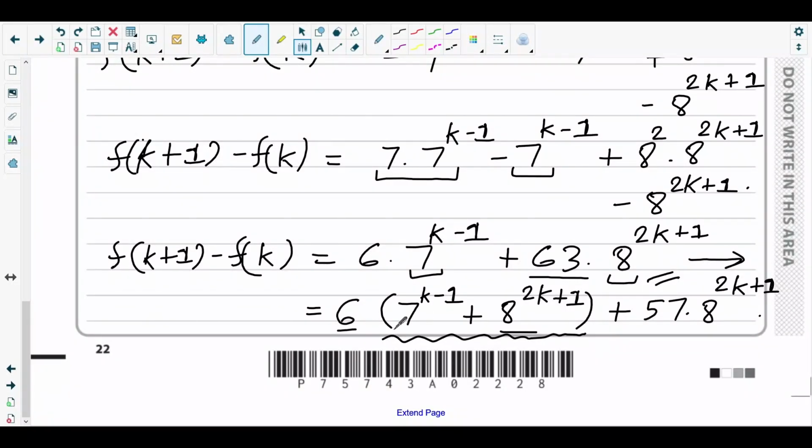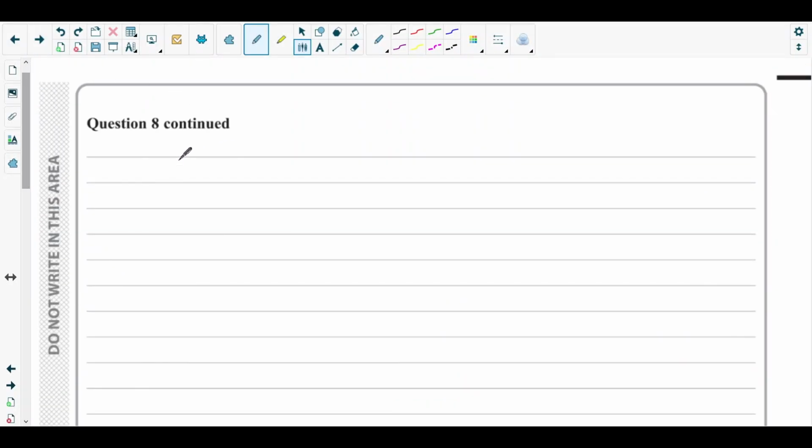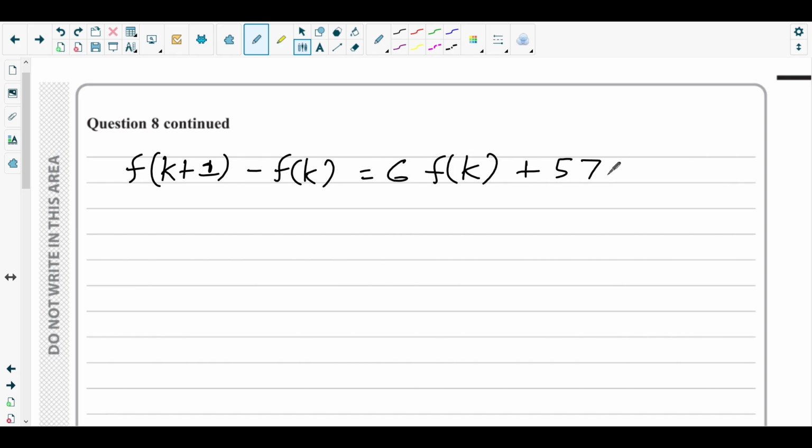So f of k plus 1 minus f of k can be represented as 6 times f of k plus 57 times 8 to the power 2k plus 1, right?